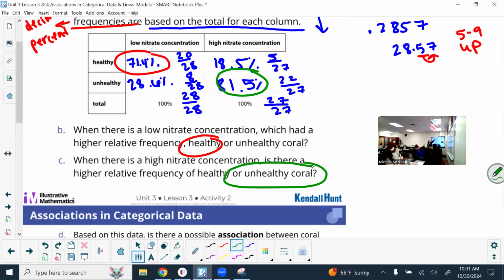Isn't 81% pretty significant? Yeah. What about 71%? That pretty significant? They're definitely not close to each other. It's not like 50-50. So decide if there is an association. Talk about it briefly.